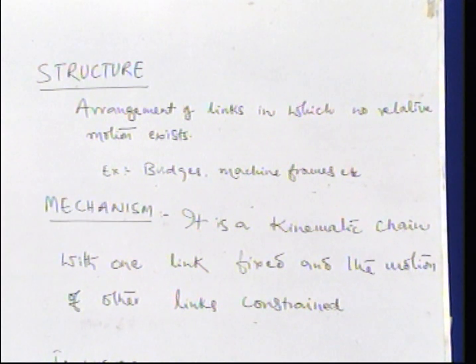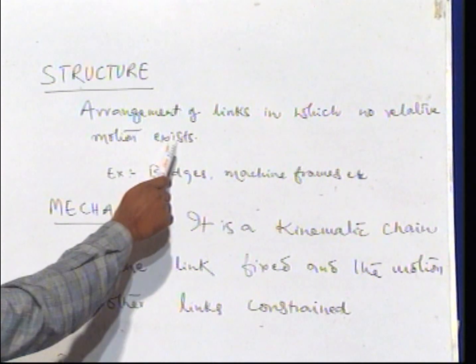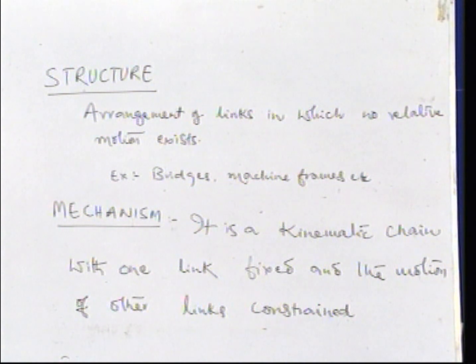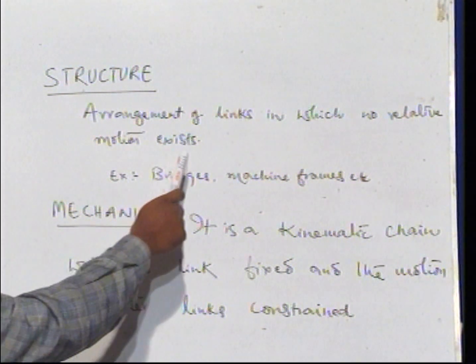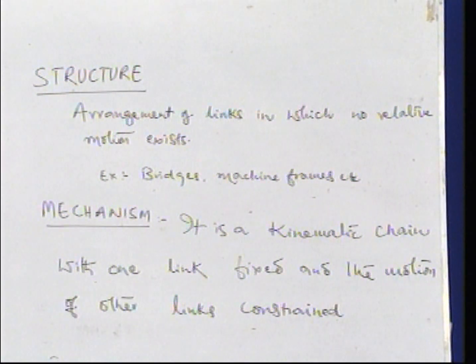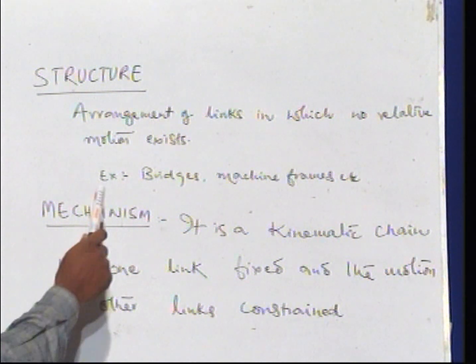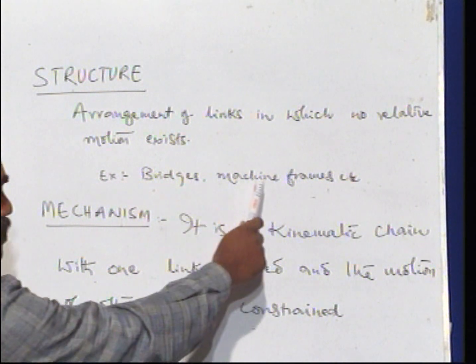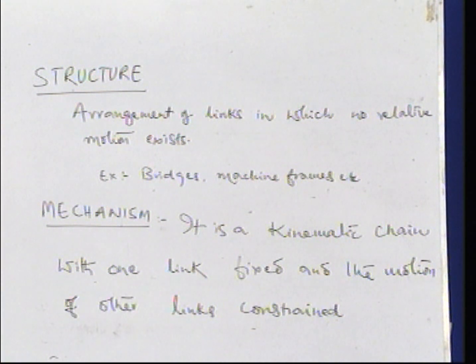The relative motion is totally absent between the links. In other words, it can be called a locked chain. The examples are the bridges and the frames of machines.